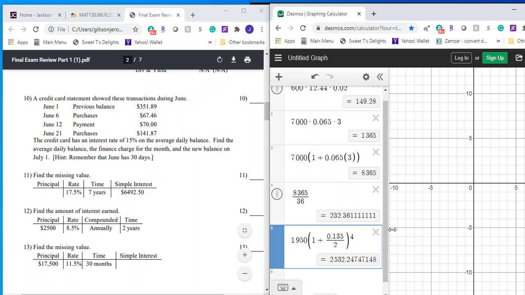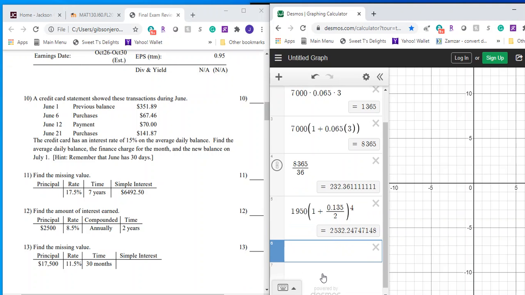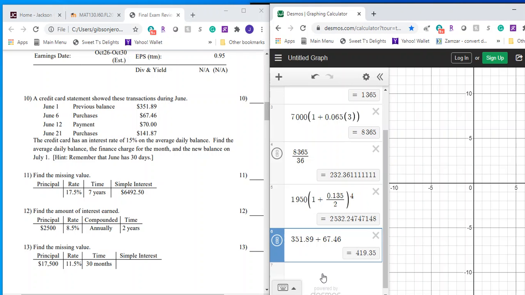But we will add this. So it was $351.89 plus the $67.46. So that'll give us $419.35.